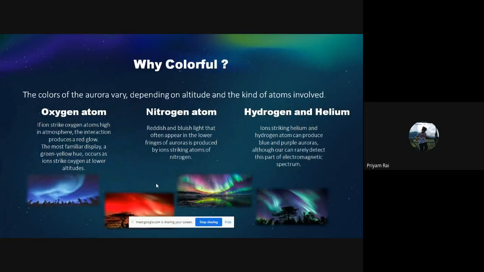Now, why is this aurora colorful? It's because the charged particles, that is, electrons and protons in the solar winds, encounter the Earth's magnetic field and they travel along the field lines. Now, on the sunward side of the Earth, the magnetic field is compressed by the solar wind to be closer to the Earth. However, on the night side of the planet, the field stretches away from the planet like a tail.